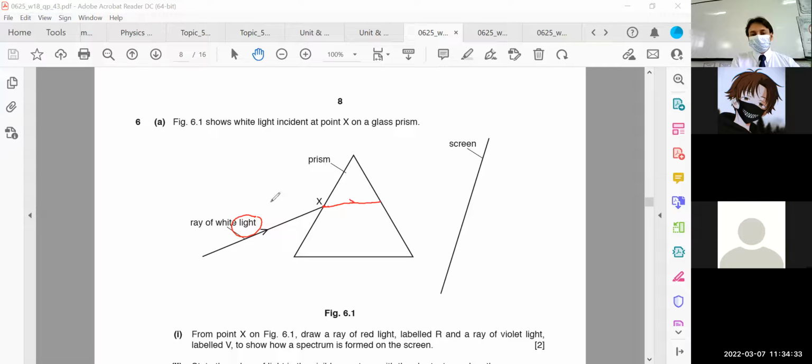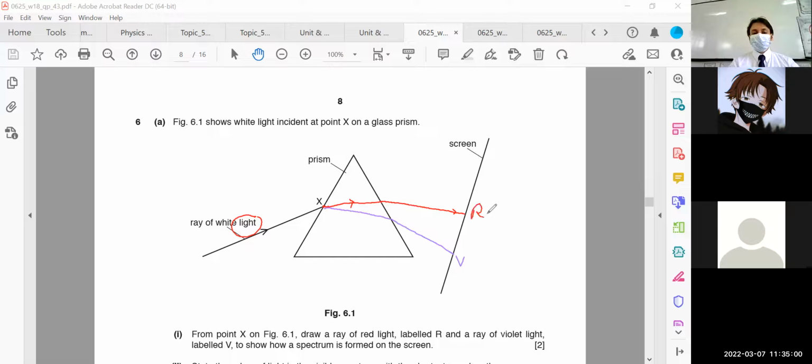I need to represent the red and the violet color. Red color has the highest wavelength, so it bends the least. Suppose this is the red light going. Suppose this is the violet color I'm using. Violet bends the maximum, and it will be here. This is the violet color, and this is the red ray of light.